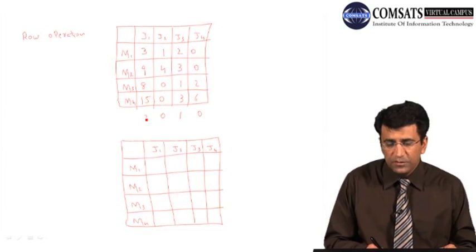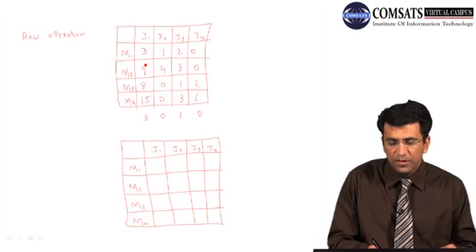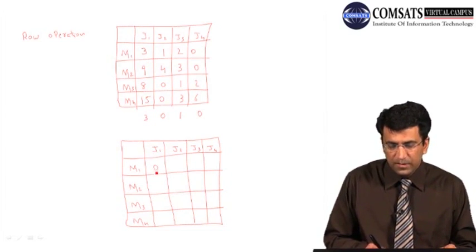So class, if we subtract this particular minimum value from the first column, it will become 3 minus 3, 0, 9 minus 3, 6, 8 minus 3, 5, and 15 minus 3, 12.